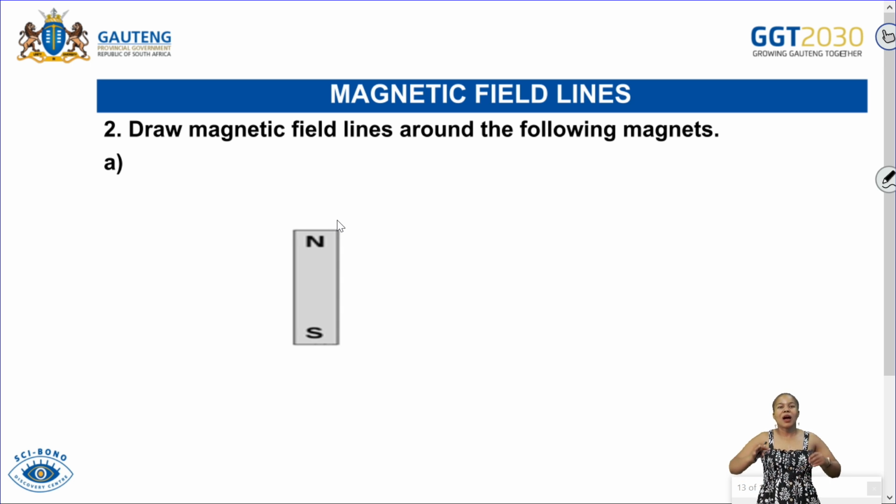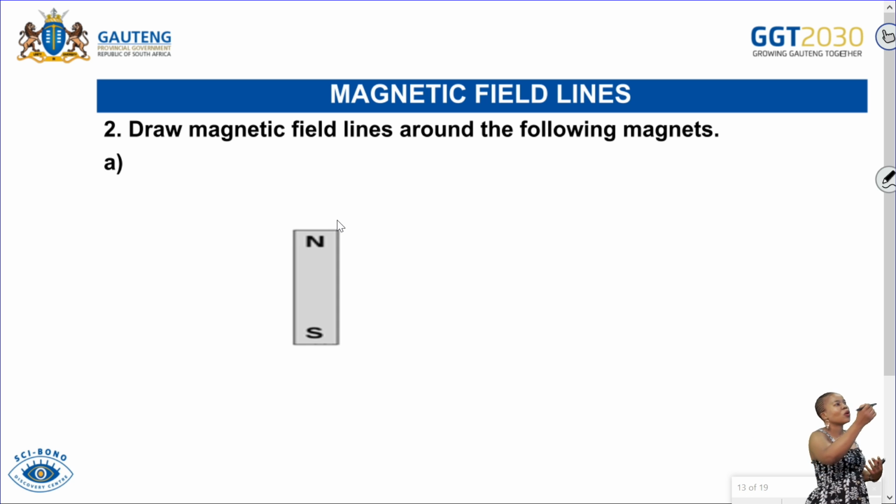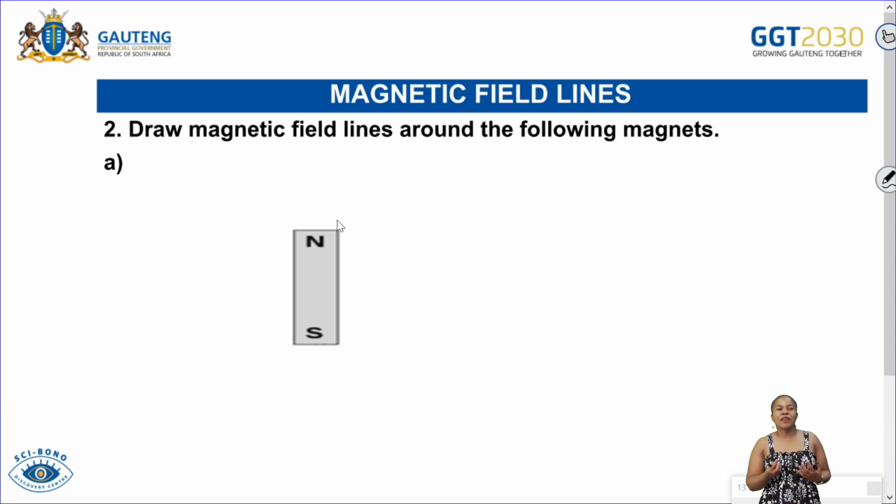So remember, we draw the magnetic field lines externally, and we had said the magnetic field lines will move from the north to the south. So you should be able, even if you draw just a few of them, to make sure that they never cross each other, because this is an important property of the magnetic field lines.